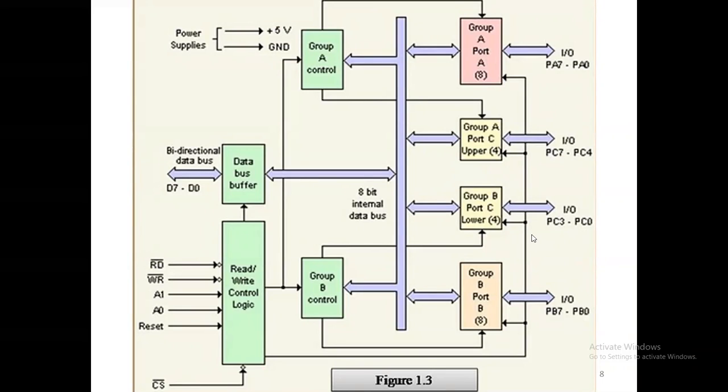Can you finish this block diagram? After this, your diagram. Yes.